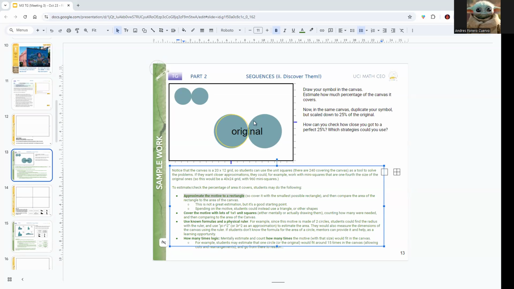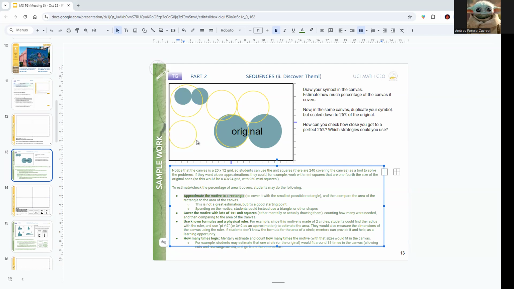And I can, for example, say if I have symmetry like this original, I can ask the question I just asked, not about my motive, but about some part of my motive that I know the area relative to the whole. So for example, this is half the motive and the area is exactly half of the area. And I'm just gonna maybe use tracing paper, see how many times would I cover.